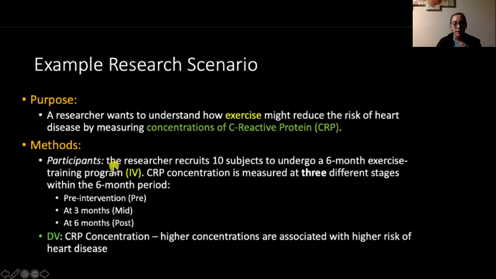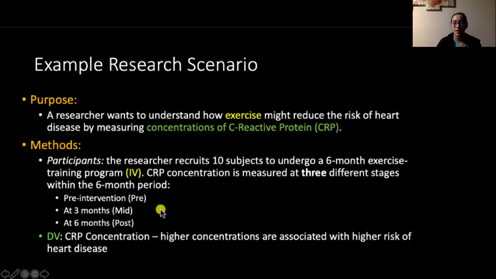More into the methods, we find the researcher recruits 10 subjects to undergo a 6-month exercise training program. So again, exercise is an independent variable. And then CRP concentration is measured at 3 different stages within the 6-month period.